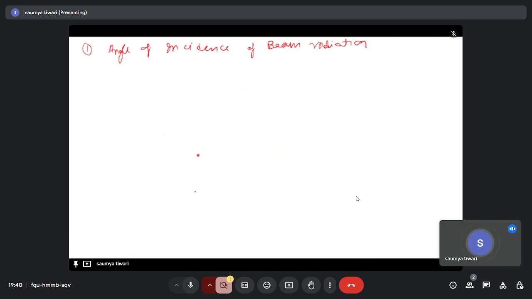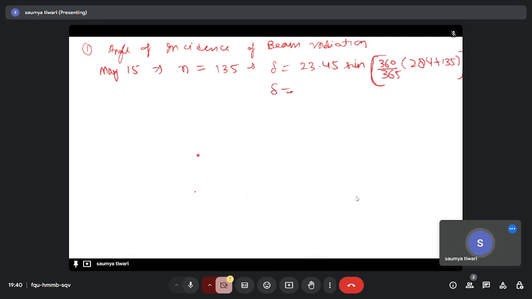The day mentioned was May 15th, and for May 15th, n will be 135. Directly we can calculate the declination angle, which will be 23.45 sine of 360 by 365 times (284 plus n), where n is 135. So your declination angle will be 18.79 degree.